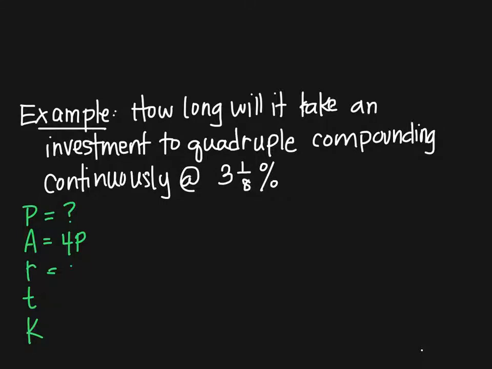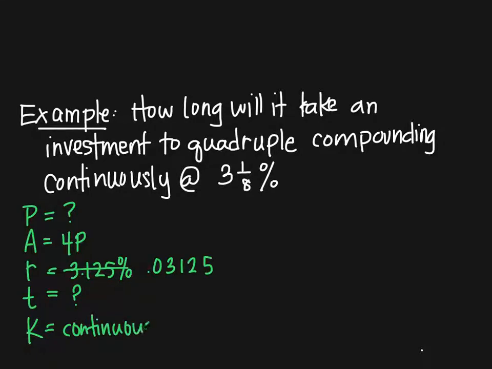All right, so this is 3.125%, but we don't want 3.125, we want 0.03125. What's my T? We don't know, so question mark. And what's my K? How many payments? Not 4, it doesn't say quarterly anywhere. Continuous payments.